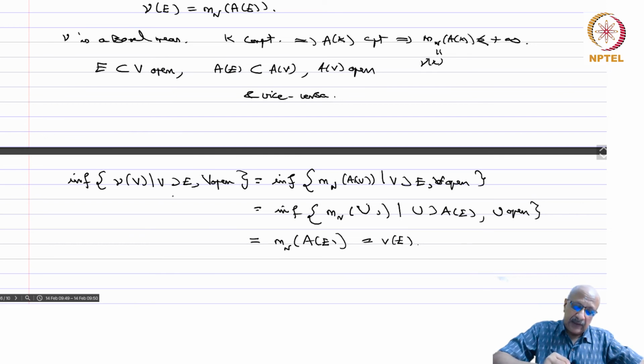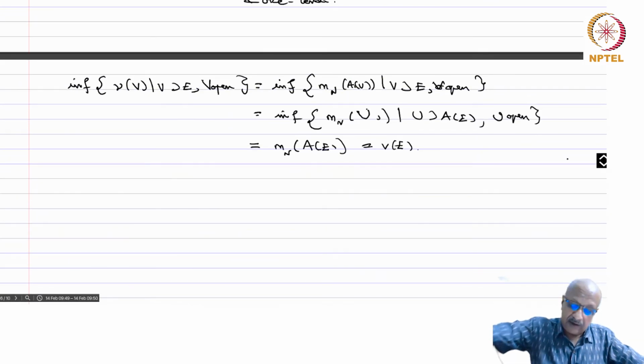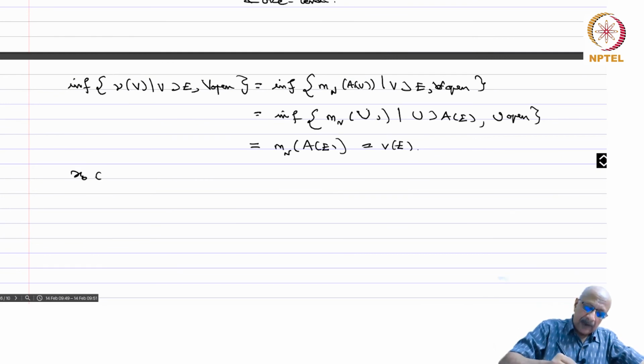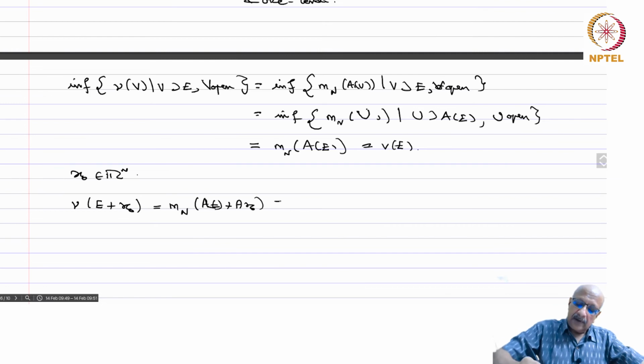Nu of E is the infimum of nu of V. Finally, translation invariance. So, x naught in Rn, and let us take nu of E plus x naught. This is Mn of AE plus A x naught, but this is equal to Mn of AE, which is nu of E. Therefore, nu is also translation invariant.